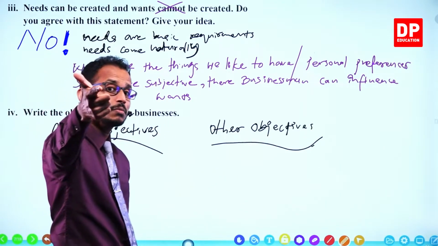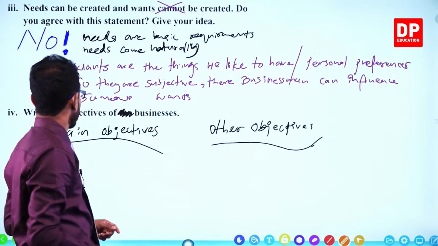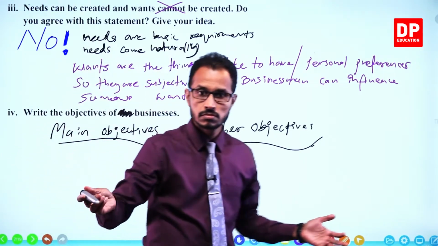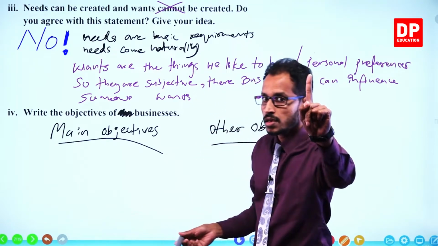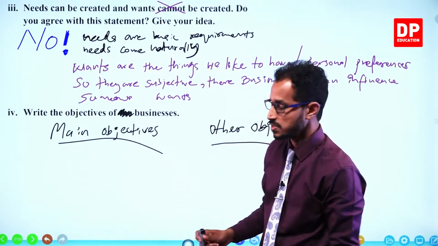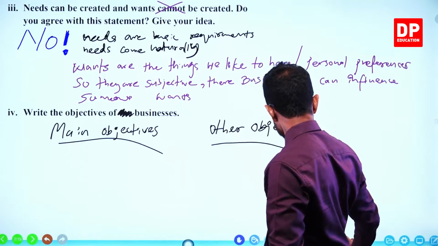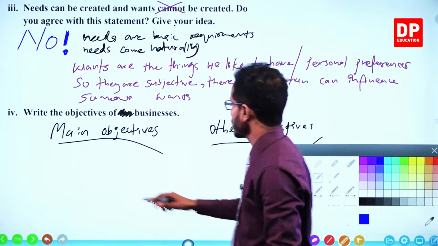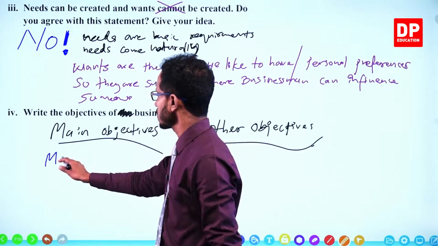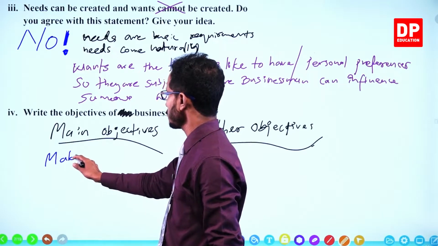Main objective is profit. First lesson. Objectives of businesses. Main objective is making profits.